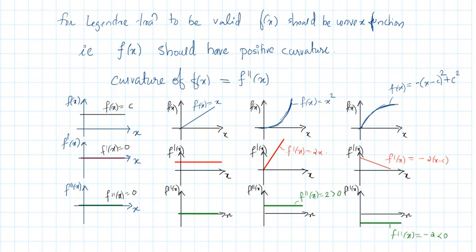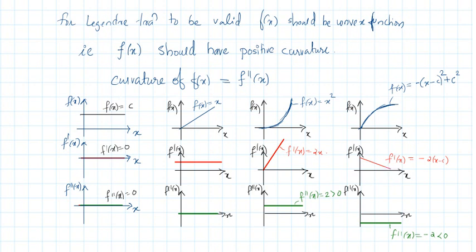I will give you another example. Consider a curve like this. It will have the form minus x minus c the whole square plus c square. If you put x equal to 0, you will get 0, and for other values of x you will get a curve like this. If you take the derivative, it will be minus 2 into x minus c, that is a straight line with a positive y-intercept 2c and negative slope minus 2.